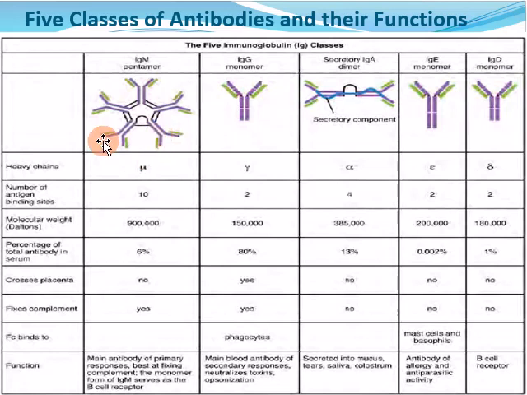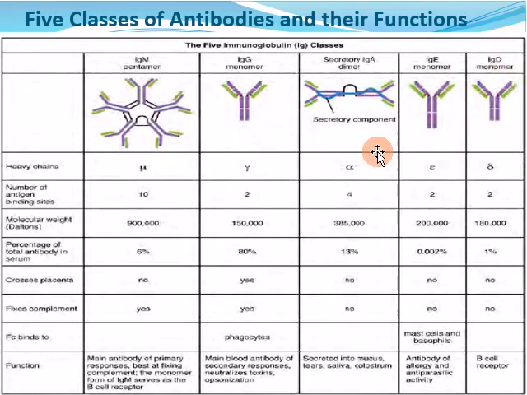IgM has five antibodies joined together to form the pentamer. IgG is a single monomer of antibody, and IgA has two antibodies joined together, and IgE is one monomer, and IgD is one monomer.